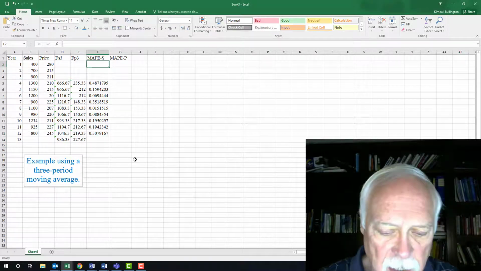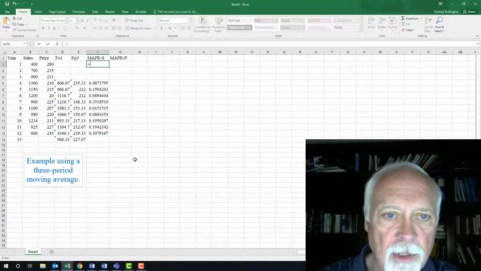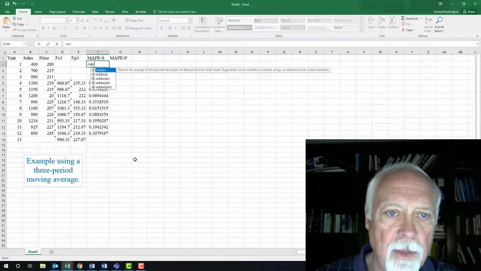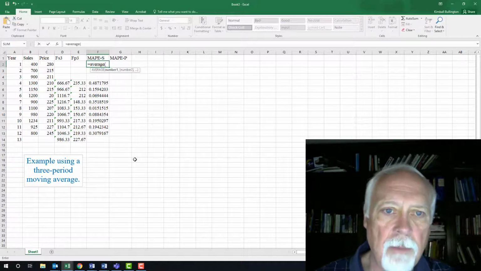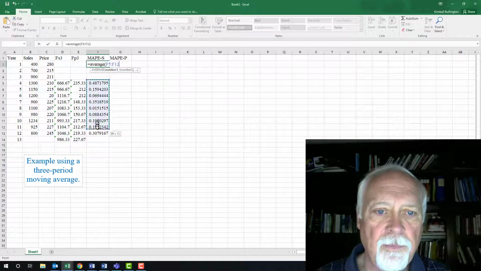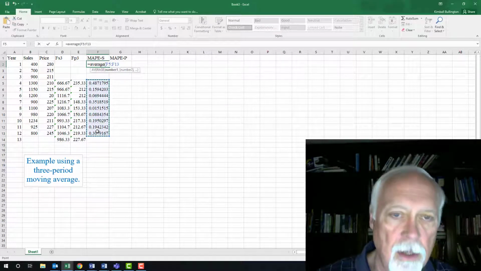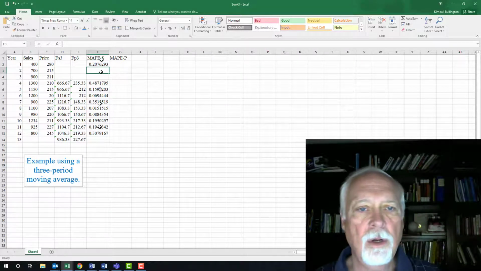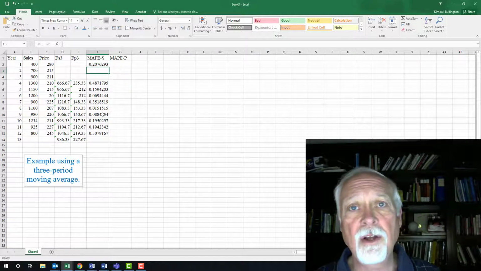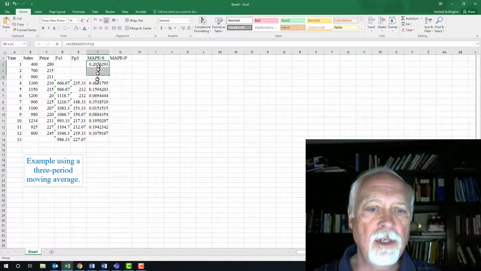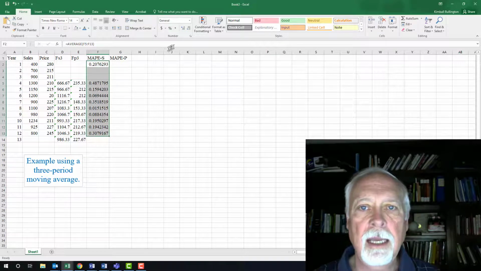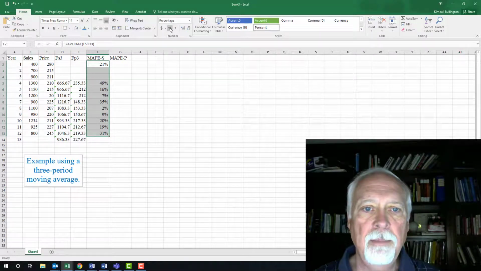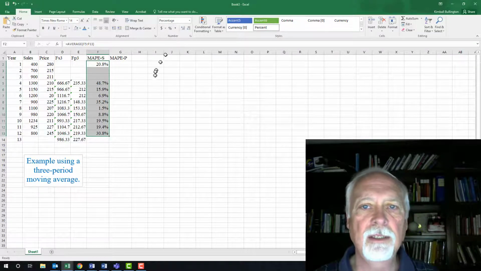Now, up here, to get the mean absolute percent error, let's take the equals average of all of this, and that's it. And 0.207, that looks right. But these aren't really in percent. So I'm going to highlight all of this and click on the percent button up here. That turns them into percent, and let me give another decimal place.